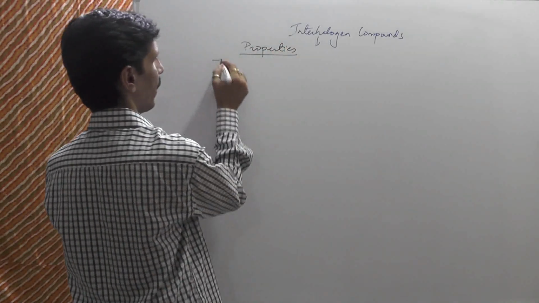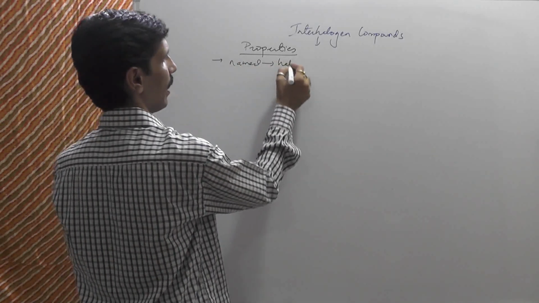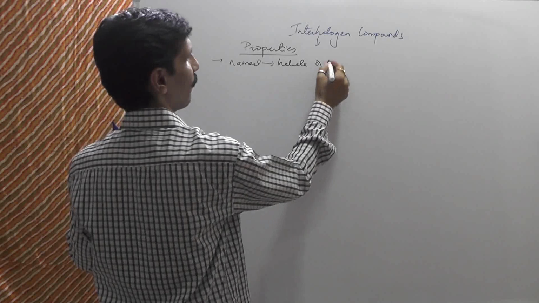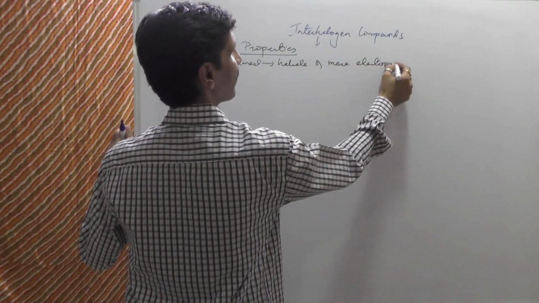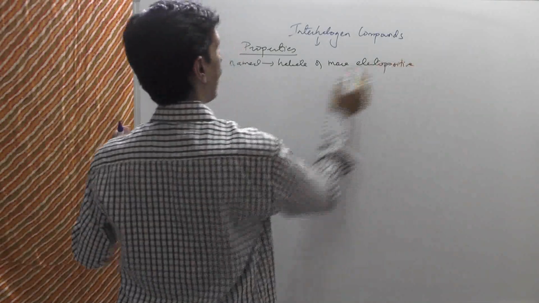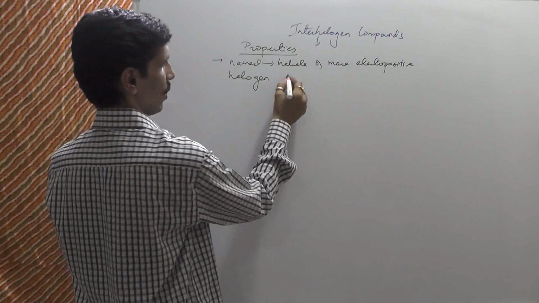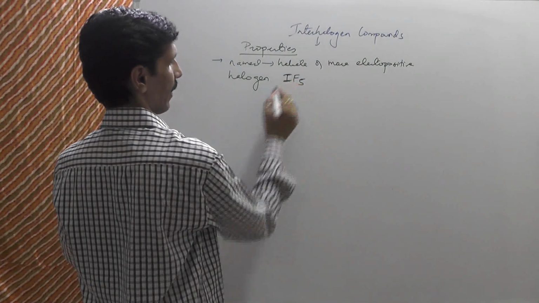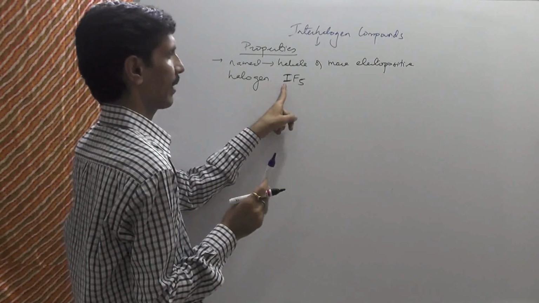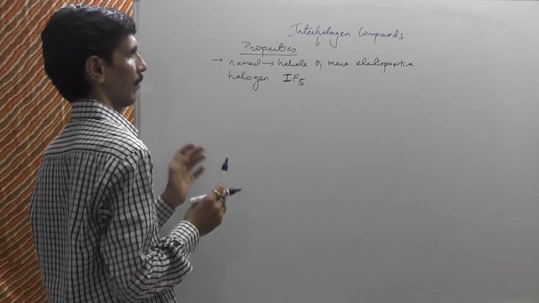तो property में सबसे पहले it is named as the halide of the more electropositive halogen. ठीक है, नहीं समझा तो मैं आपको बताता हूँ. IF5, ओके, ये है. अभी इसको आयोडाइड के फॉर्म में लिखना है या फ्लोराइड के फॉर्म में लिखना है. That is going to be a little bit of a confusion.